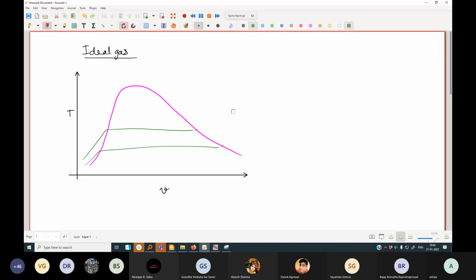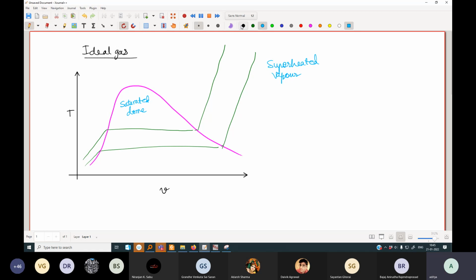The slope of these lines is rather like this. So we know that this is the saturated dome, where liquid and vapor coexist, and this entire region is the superheated vapor.